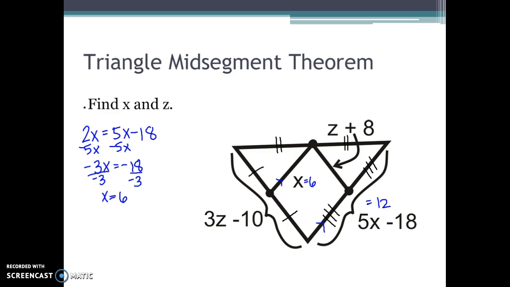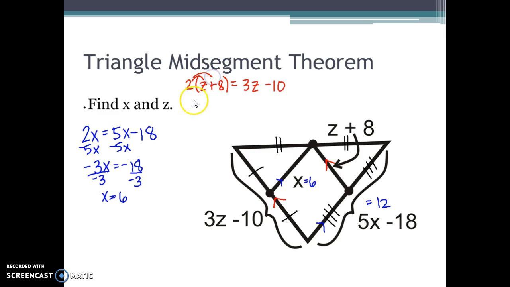To find z, I know that this side z plus 8 is parallel to 3z minus 10, and it's half as long. So it takes two of these to make up one of these. So I can write an equation of 2 times z plus 8, two of the midsegments, equals 1 of the opposite side.